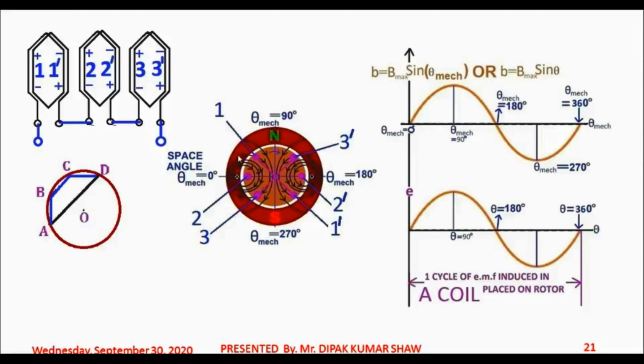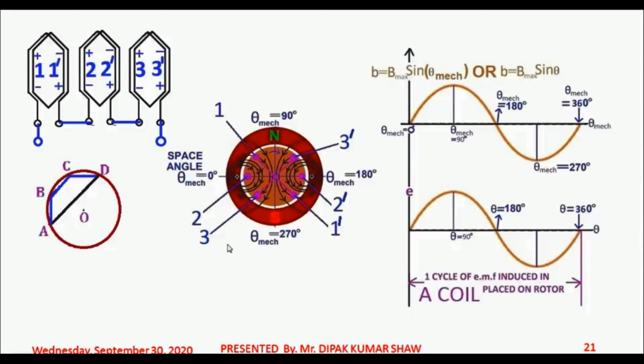First the positive peak of the EMF induced in coil 11 dash will happen, then when the rotor moves by an angle of gamma degree, the positive peak of coil 22 dash will happen. After that, when the rotor moves further by gamma degree, the positive peak for coil 33 dash would happen.